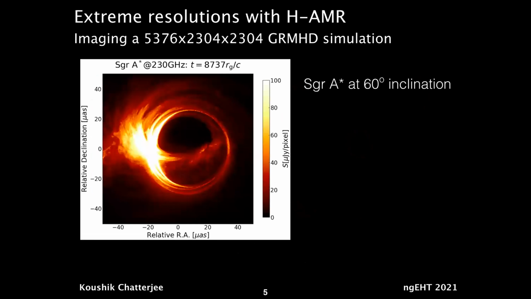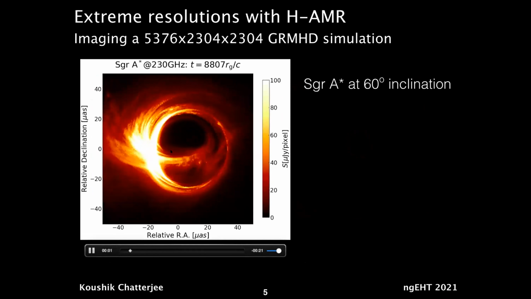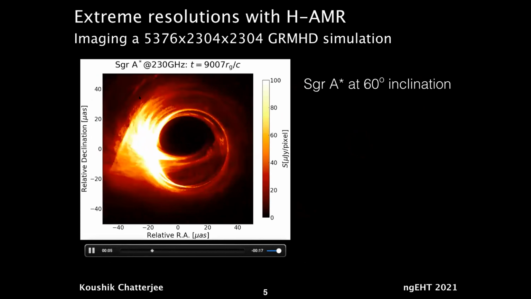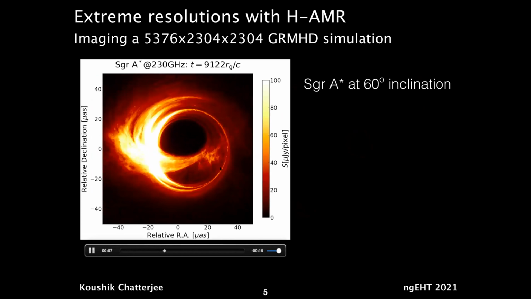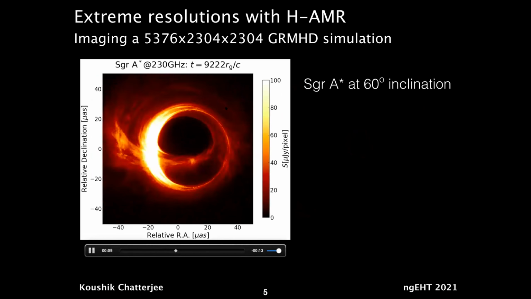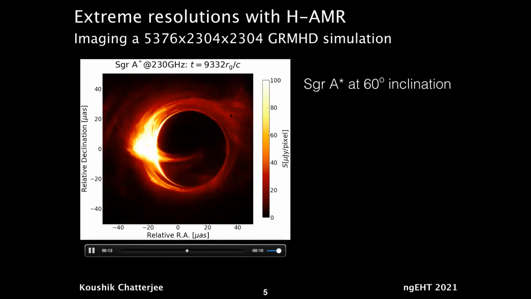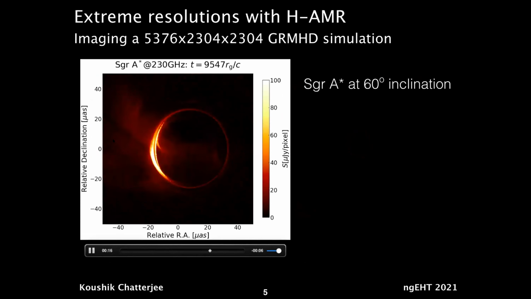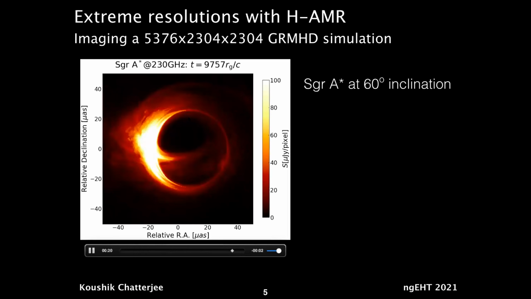Now, this feature is actually better shown if you do Sagittarius A* at, let's say, 60 degrees inclination, in the same simulation, of course. Again, you have a lot of substructure in the image, and when the flux eruption happens, what you begin to notice is that there is a gap forming between the ring and the outer emission, and the overall flux dips a bit.